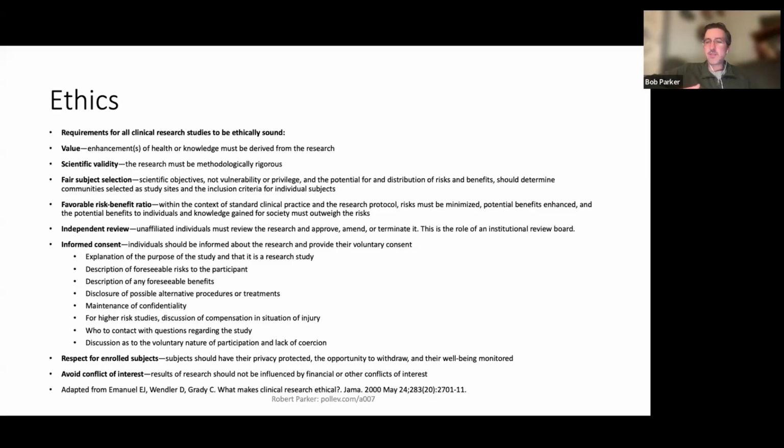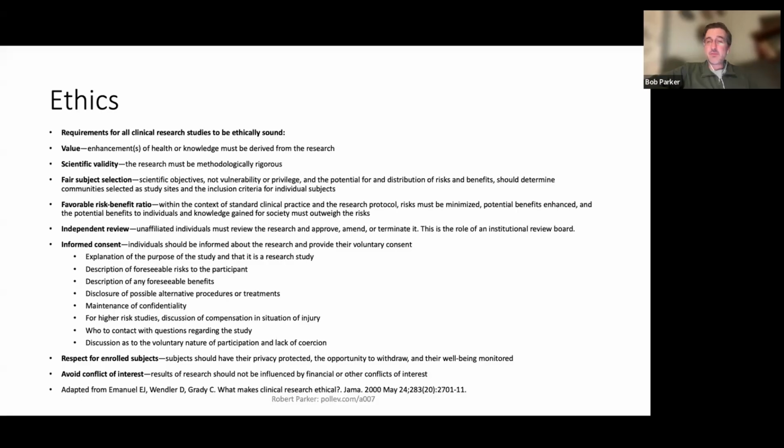I think you'll have more of this in a future week, but because it's so important to study design, I think we need to touch on it. There needs to be value in the study you're doing. It needs to be scientifically valid. If we do bad science, that's unethical. We need to have fair subject selection, so that it is not somebody who's just vulnerable or who has privilege, and it needs to be fair in who gets included and who gets excluded from your study.